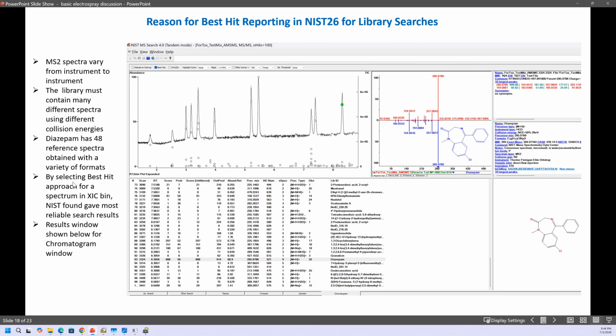By selecting the best hit approach for a spectrum in an XIC bin, NIST found that that gave the most reliable search results. And you can see the results over here. I've got best hits turned on, so I only see the final results. So you can see the diazepam reported with the unknown on top and the best hit on the bottom. And we'll go through this table in detail when we look at the actual software.